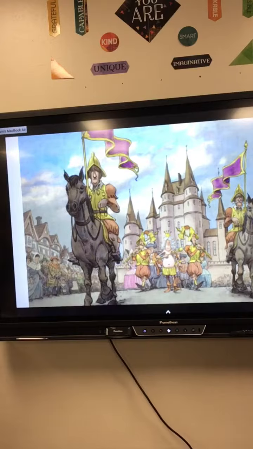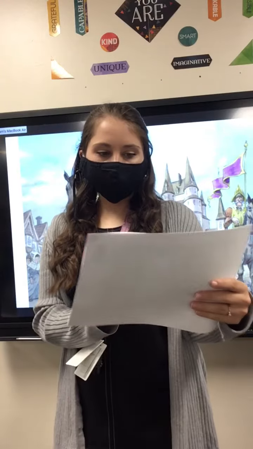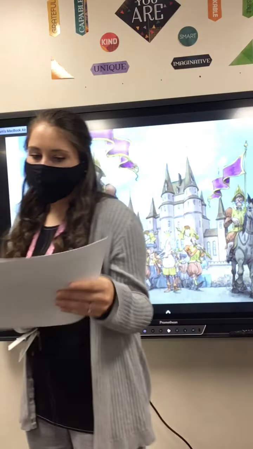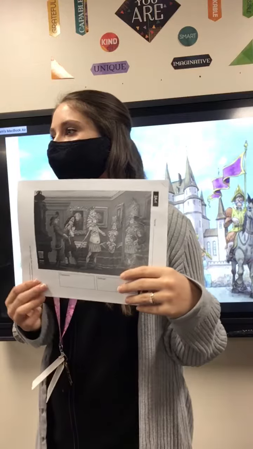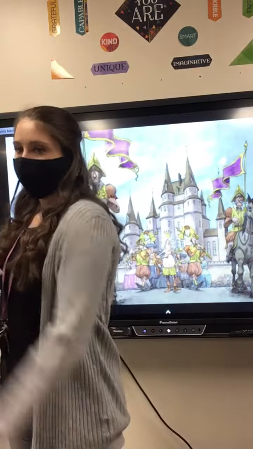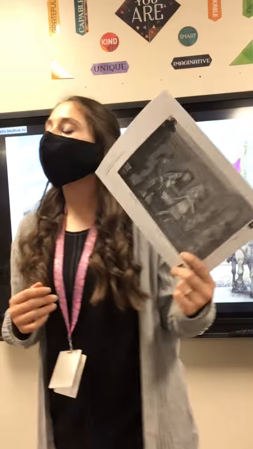Alright, so on that picture that you guys were given in your packet, you friends need to go back to your seats really quickly. On this picture that is in your packet, you need to write who the characters are in this picture, okay? Who are the characters? We know who that middle guy is. He's the what? Well, he's not a king.